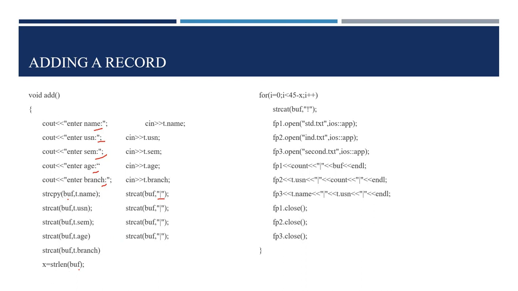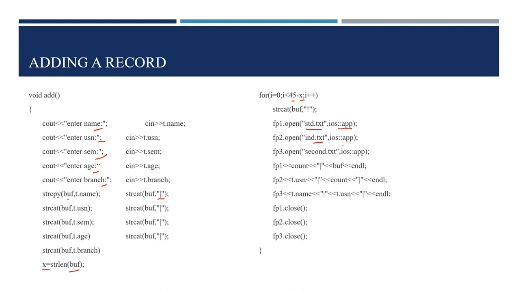Then it will calculate the length of the buffer, and the length value will be stored in a variable x, and buffer length minus the length of the particular record will be considered to evaluate the operation, that is, to add. Once the file has to be opened in append mode, that is std.txt, the data file.